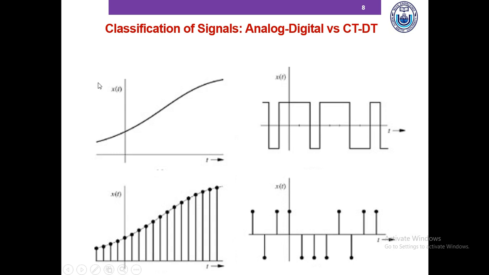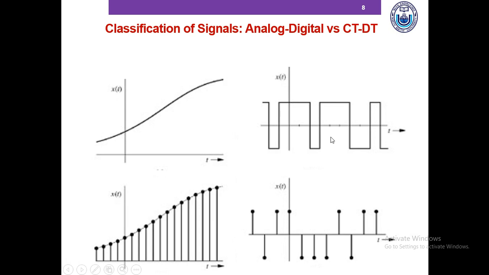So here, for example, this signal is a continuous time signal because it's defined for the continuous value of the independent variable. But this is also an analog signal because the amplitude can take any value from -infinity to +infinity. This signal, on the other hand, is still a continuous time signal because it is defined for all values of t, not only for discrete values of t.